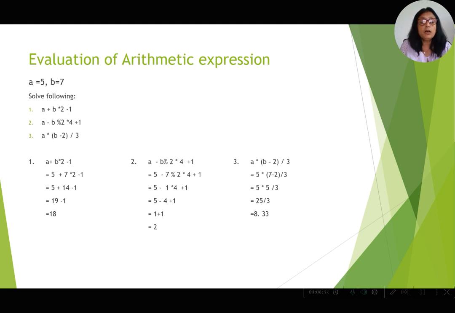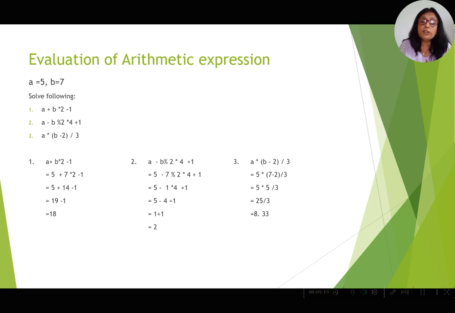Among modulus and into, which one will be performed first? Whichever comes first from the left side, which is the modulus. So 7 modulus 2 is 1, which means the remainder is 1. Then 1 into 4, so we are multiplying in between.